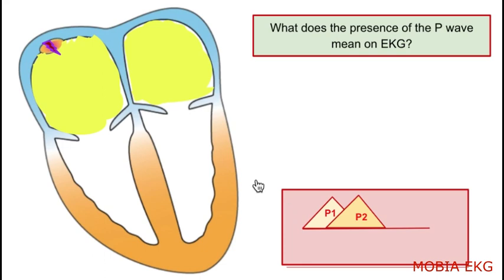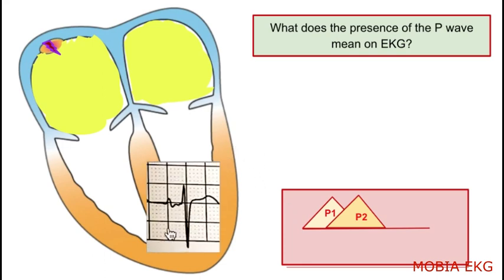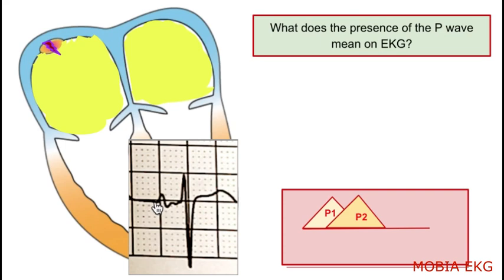If we go back to our strip, now we have a P wave with two components. The initial component is P1, which is related to the right atrium, and the terminal component, P2, is negative, related to the left atrial depolarization and located below the isoelectric line.